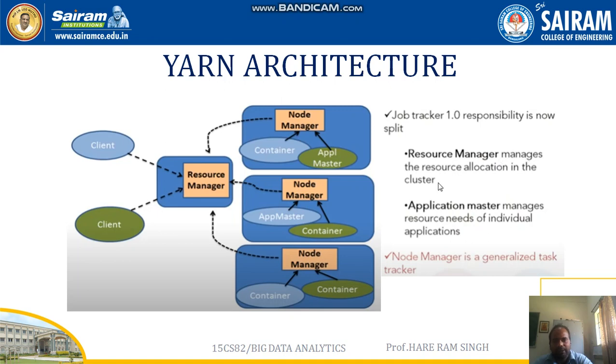One is the resource manager and another is the application master. The resource manager manages the resource allocation in the cluster. Whatever resources are present in the cluster, it manages those resources: to which application they are provided, how long they will be provided, what data rate can be given. Another is the application master.